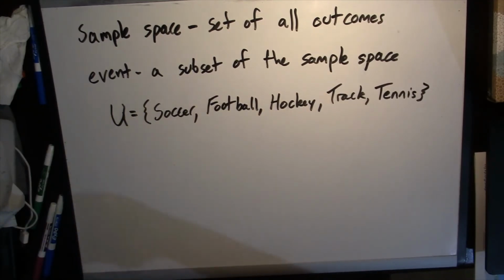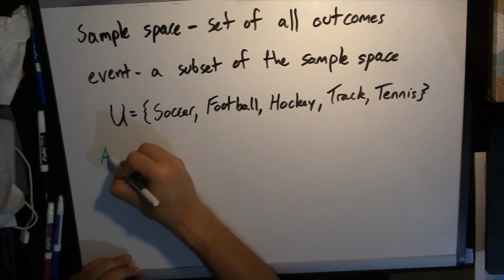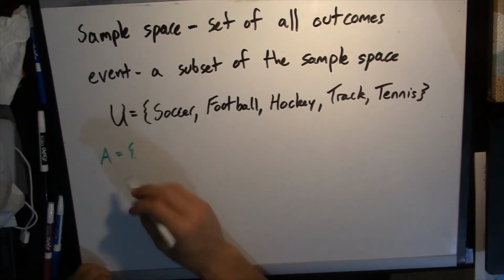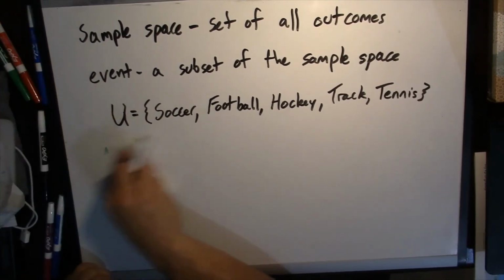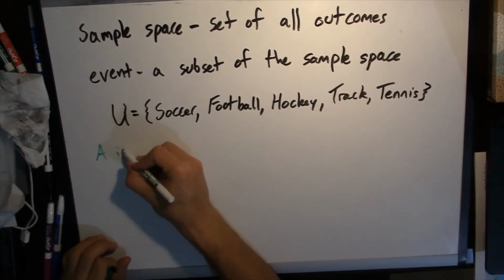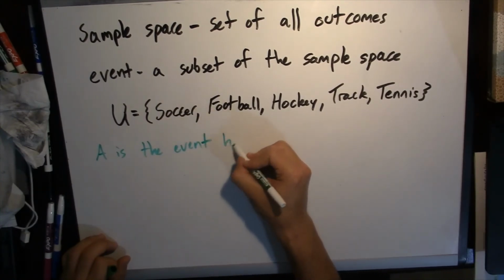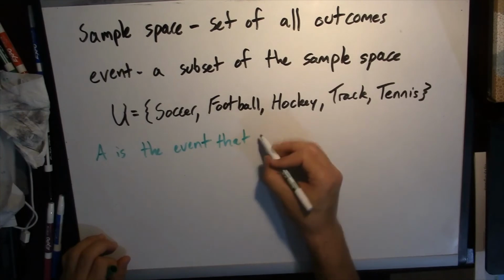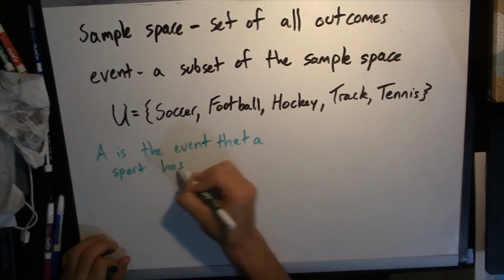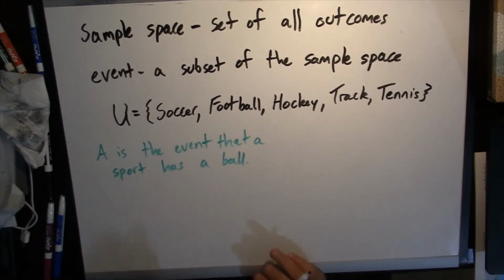Now, I'm going to create two different events. Let me write this out in words before we talk about the set. A is the event that a sport has a ball.